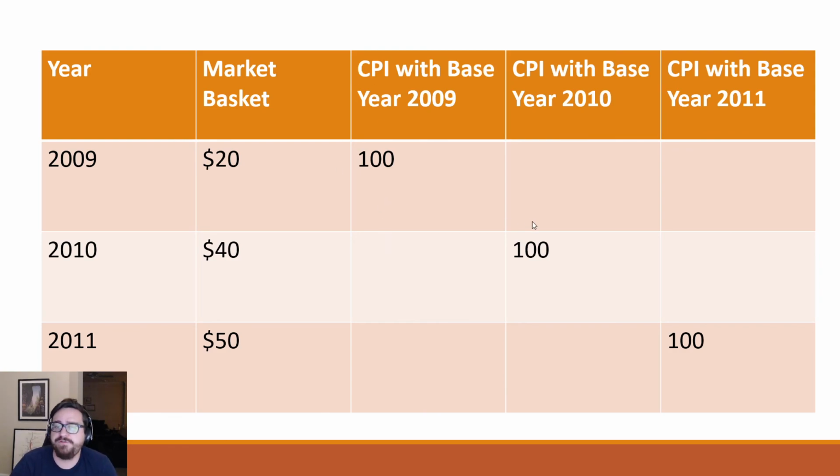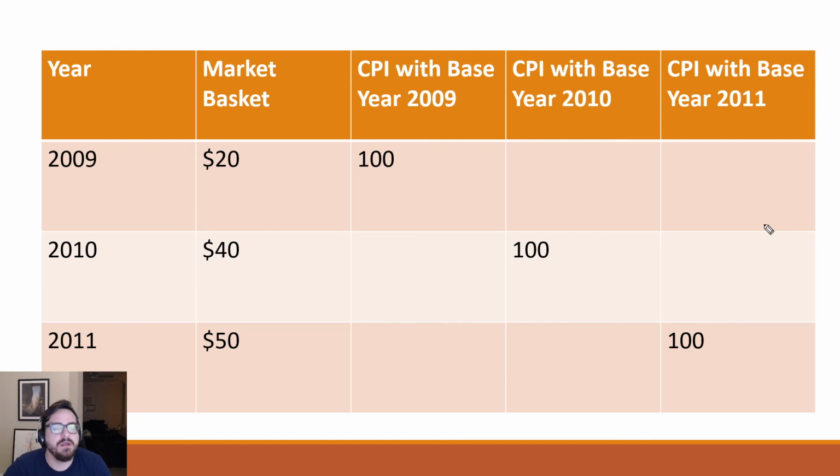I have the 100s filled in automatically because, again, the CPI in the base year will always be 100. So if it's base year 2009, the CPI of 2009 would be 100. If it's base year 2010, the CPI of 2010 would be 100. Base year of 2011, the CPI of 2011 would be 100. Blah, blah, blah. So pause the video, find the CPIs for the rest of these columns.